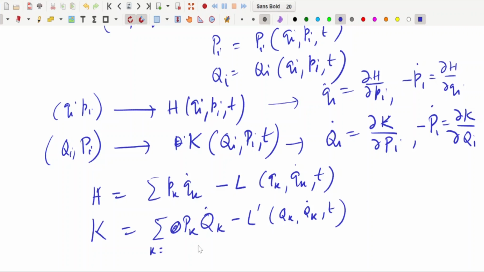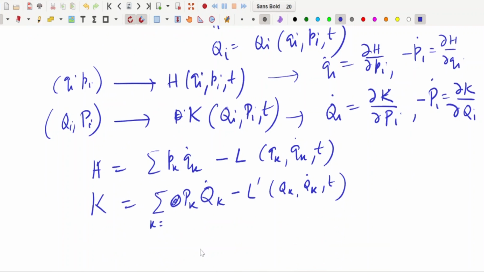This transformation will be canonical only when it preserves the canonical equations, and we try to find the condition for this.